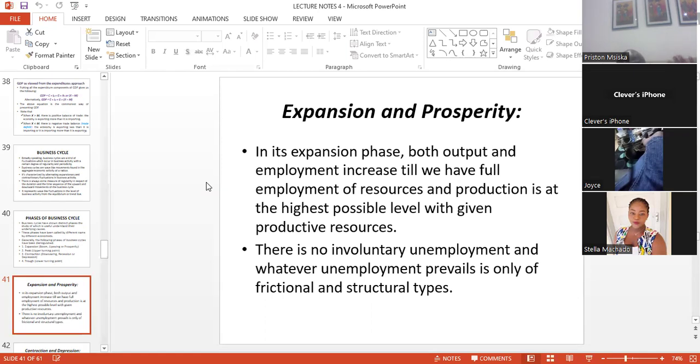Now, me as an economist, I can tell you that there is danger there as well. The danger is that because there's too much demand and companies are employing a lot more people to meet that demand, they are trying to match supply with demand.